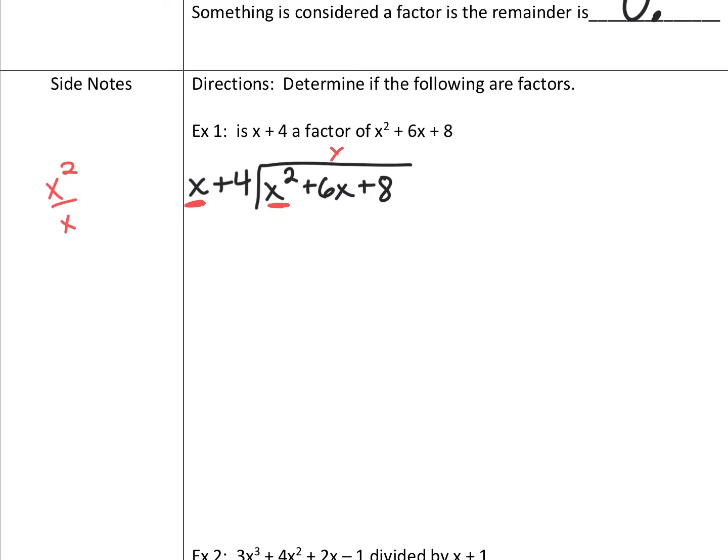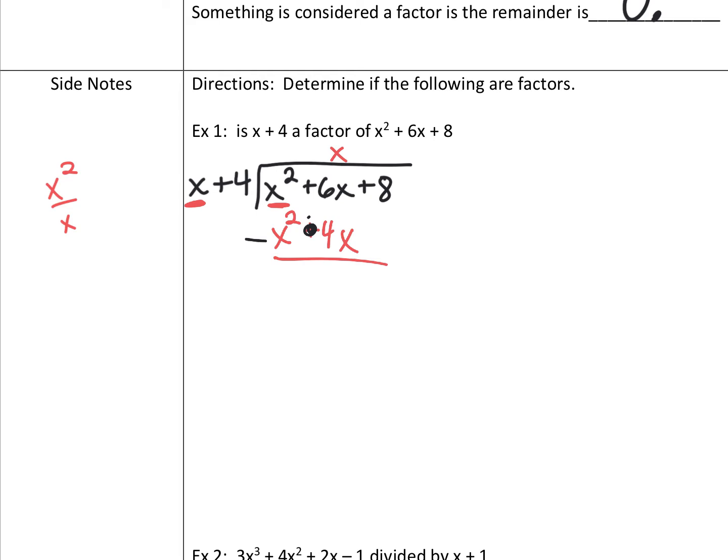Once we have the guy up top, what happens to him? Yeah, multiply him by the divisor. There's 2 terms in the divisor, so he's got to multiply twice. So x times x is x squared, and x times 4 is 4x. Flip the signs. You got it.